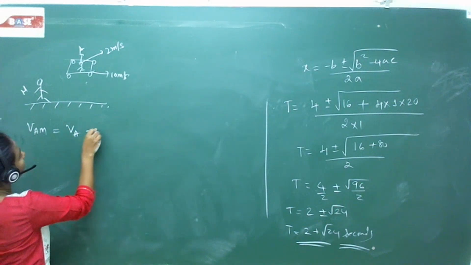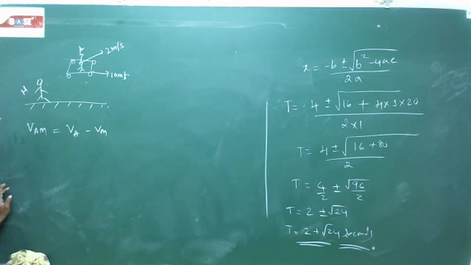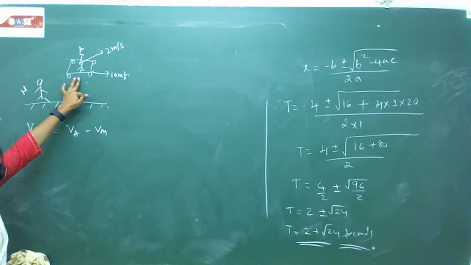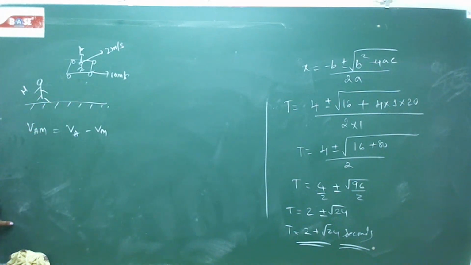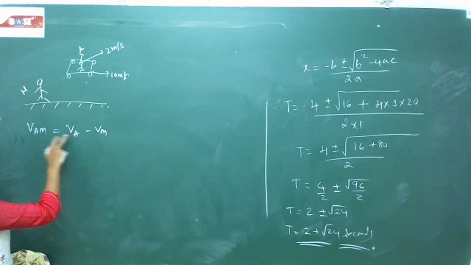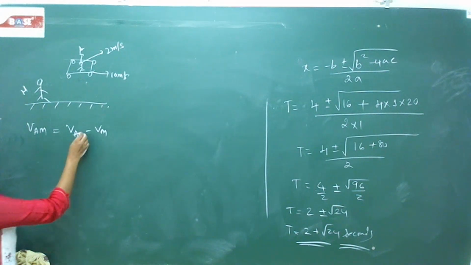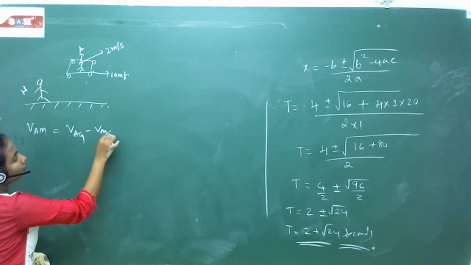We know it is VA minus VM. Clear? Now VA velocity is 2 meter per second, right? With respect to what? With respect to the trolley. So the VA we are finding is with respect to ground.